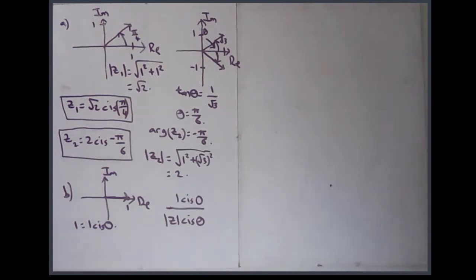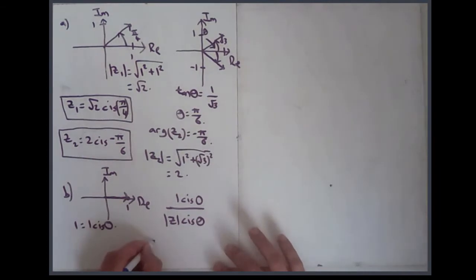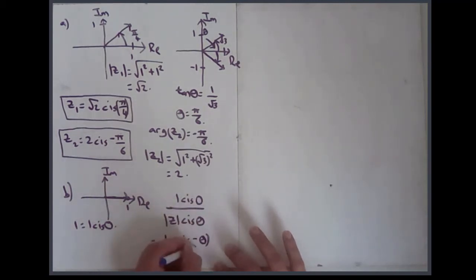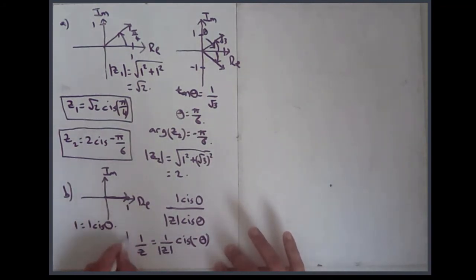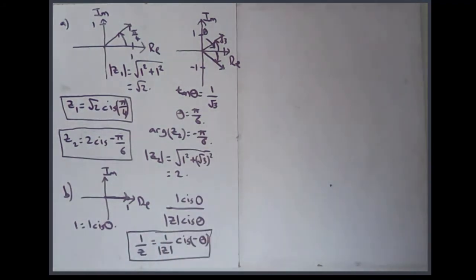For dividing, you divide the moduli and you subtract the arguments. So that ends up being 1 over the modulus of z times cis 0 minus θ, so minus θ. So whenever you're finding the reciprocal of a complex number in polar form, 1 over z is going to be 1 over the modulus of z cis minus θ.